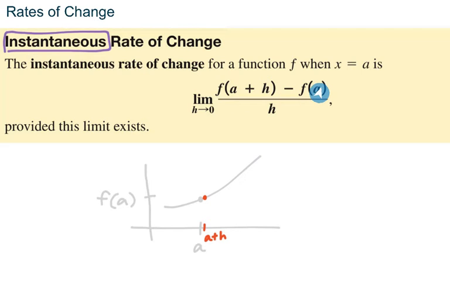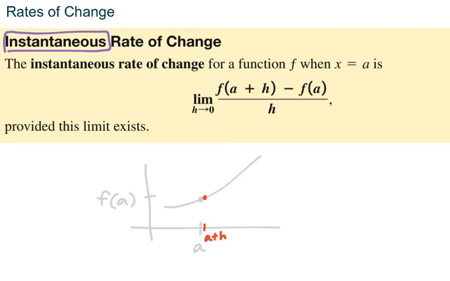So we're using that slope definition, and these 2 points are so close that they're the exact same point, and the limit of the horizontal distance between them, between A and A plus H, is 0 units away.